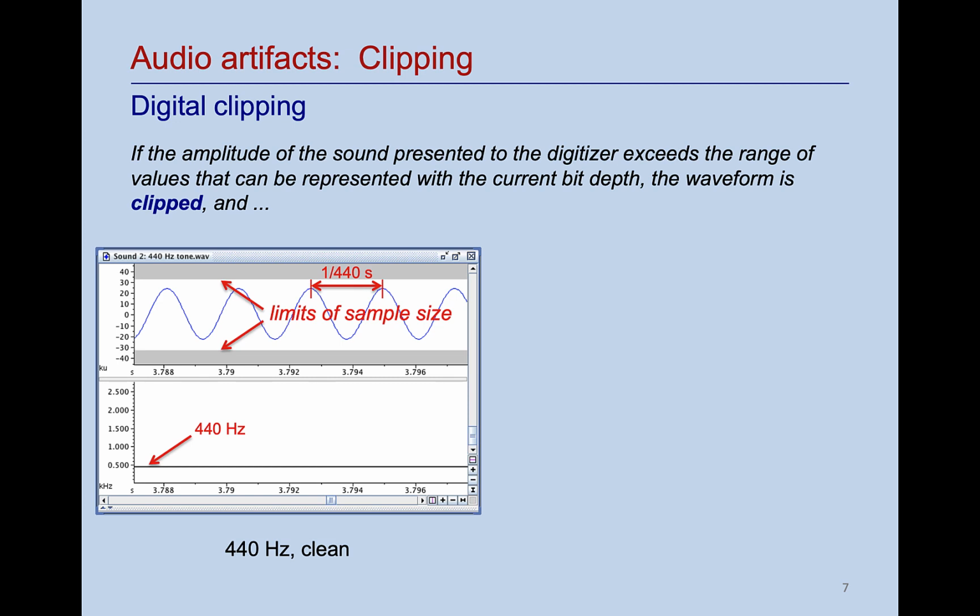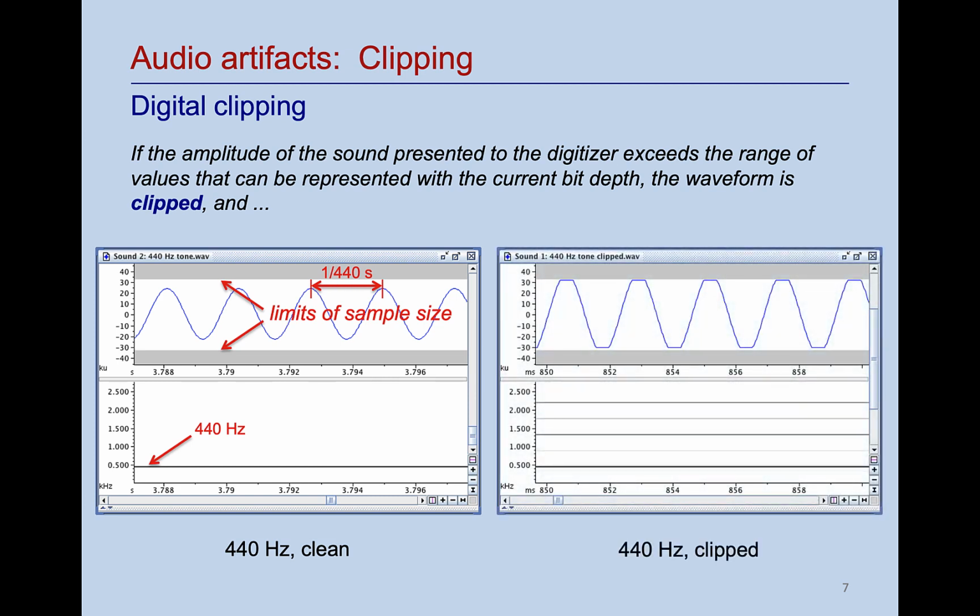Let's look at what happens to the same sound if it's recorded with greater amplification, or if it's amplified after recording beyond the limits of what the 16-bit sample size can represent accurately. Here on the right, we see a waveform of the same sound, but it's been amplified, so that the tops and bottoms of the waveform exceed those limits of the 16-bit sample size.